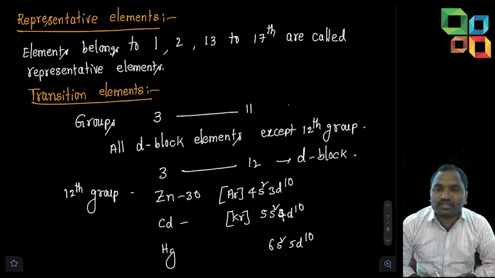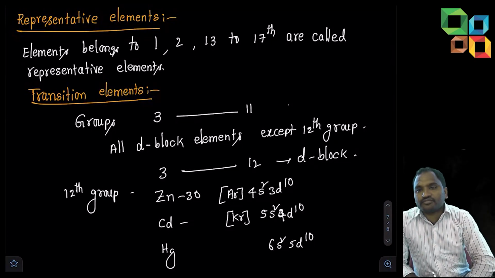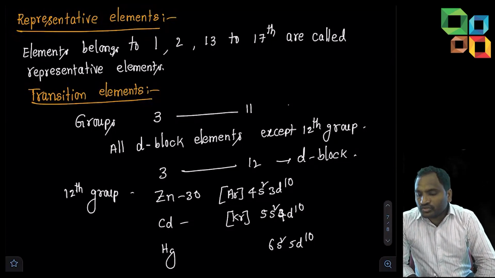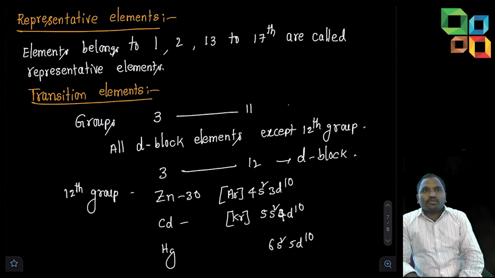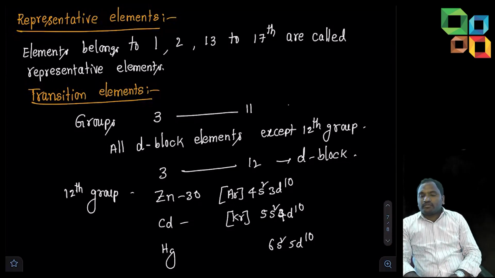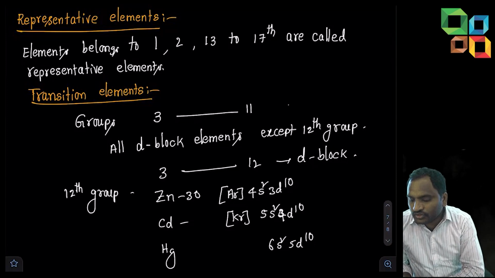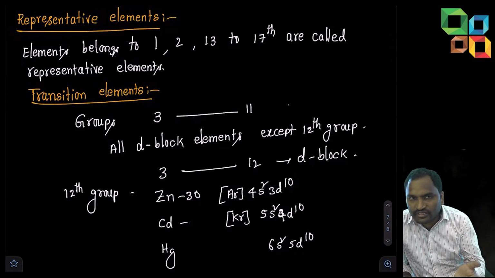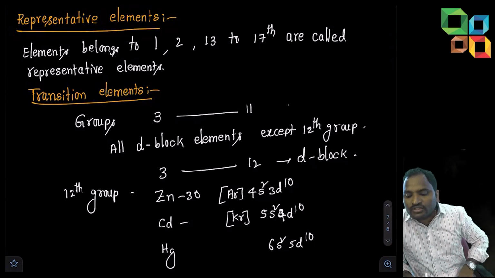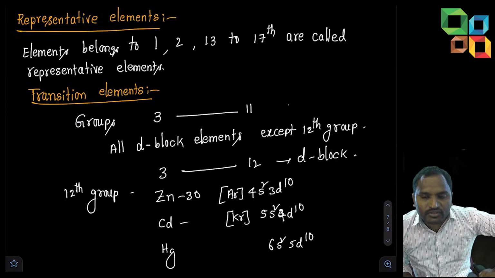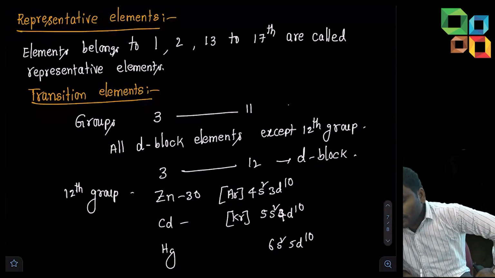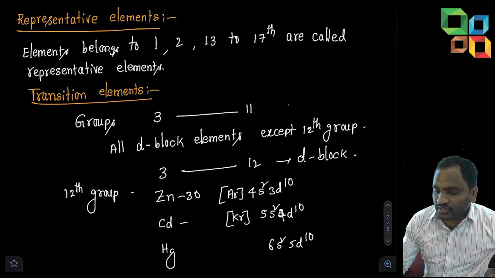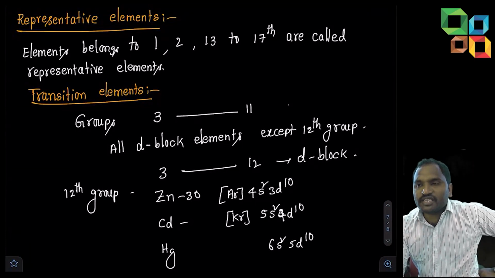In the first case, exchange may be possible, but transition may not be possible. So D-D transitions are not possible. So 12 group elements do not come under transition elements. Understood, students?